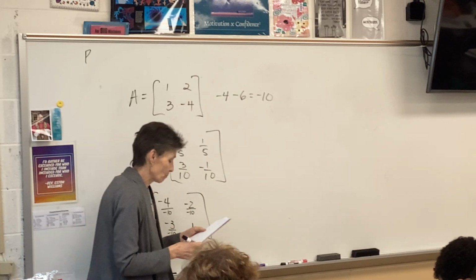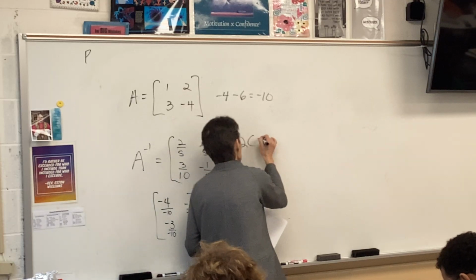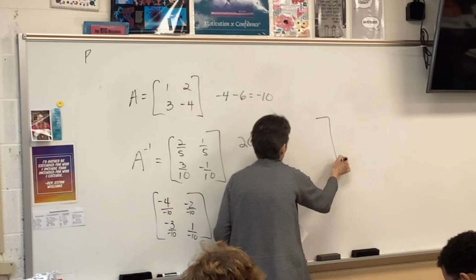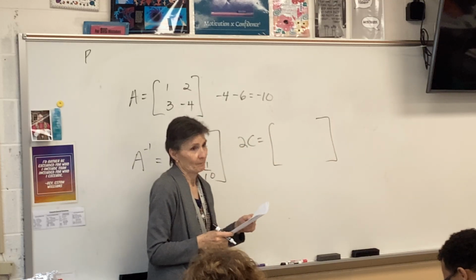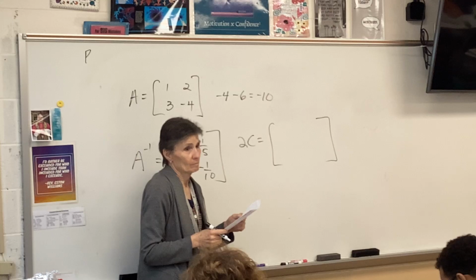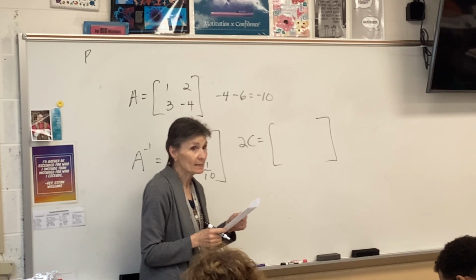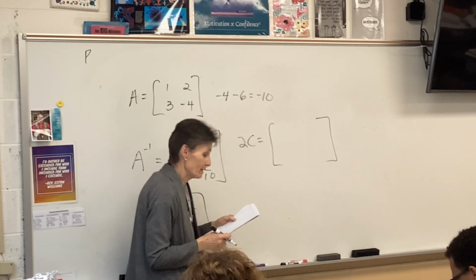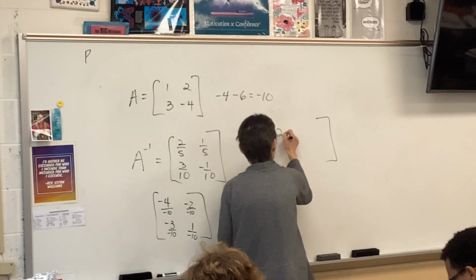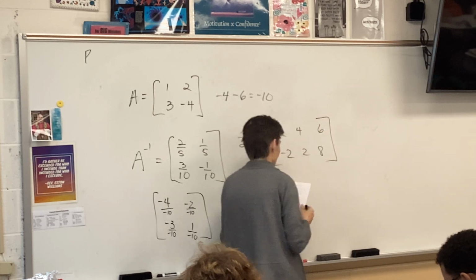Problem B, 2C. Okay, if you miss this one, I'm not sure what to tell you. 2C, what do we need to do? Multiply everything in C by 2. It's like a distributive. So it'll be 246, -228.